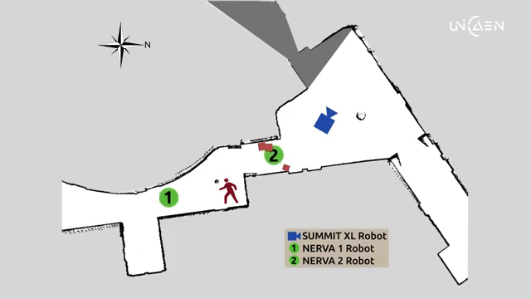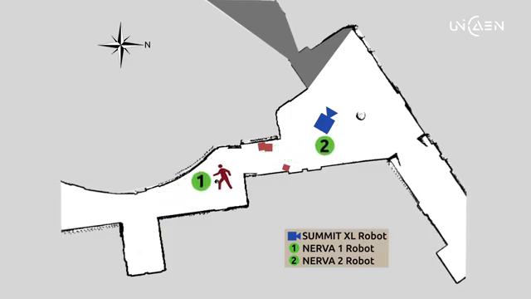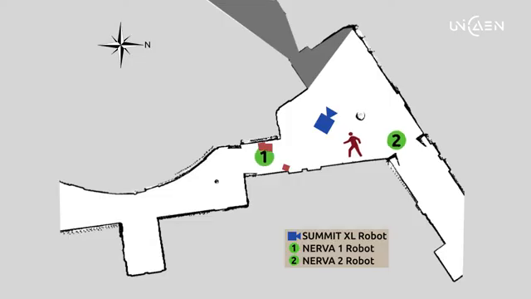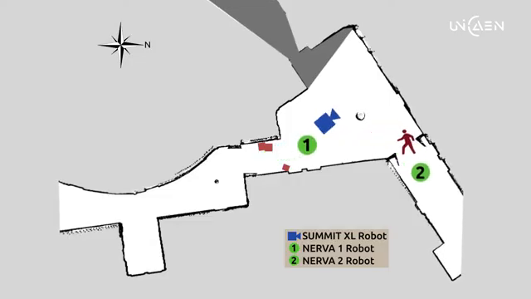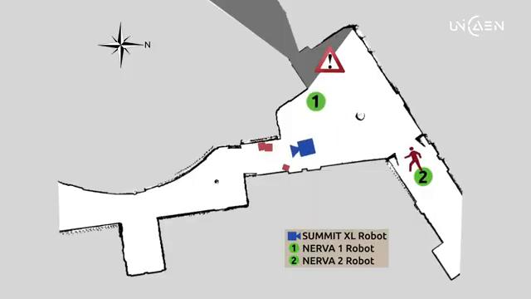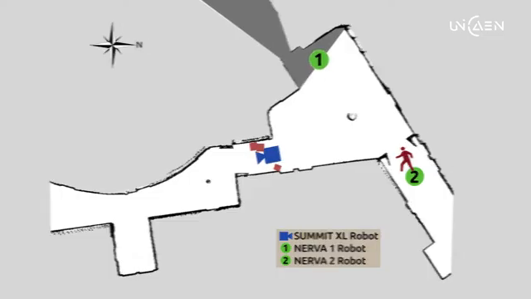Once the crates are cleaned, the robots reorganize themselves. The Nerva 2 continues anticipating the trajectory of the VIP up to the exit corridor. The Nerva 1 protects the rear of the VIP and, when reaching the hole, moves to the corridor requiring low light vision. The Nerva 1 then switches with the Semitic cell, which then covers the rear.